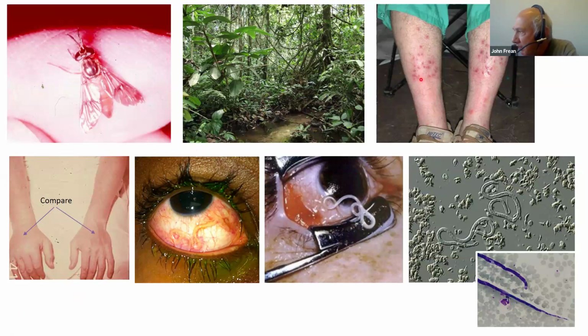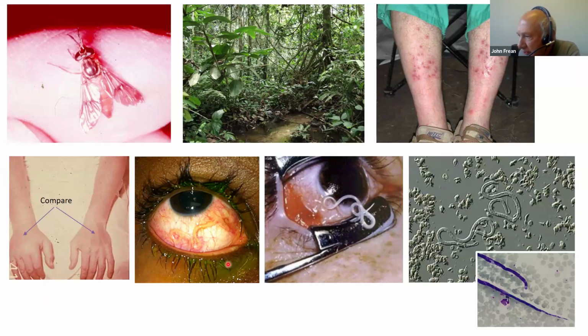They produce painful bites, as you can see on that person's lower legs. The classic presentation is either Calabar swellings, where the adult worm induces an inflammatory reaction transiently as it moves around, and there's a Calabar swelling on the patient's right hand here, and you can see the difference compared with the left.